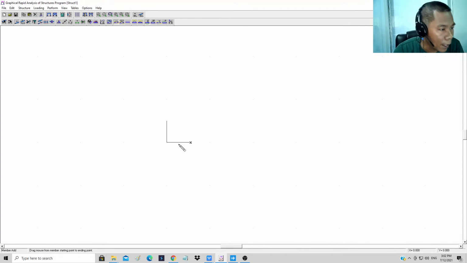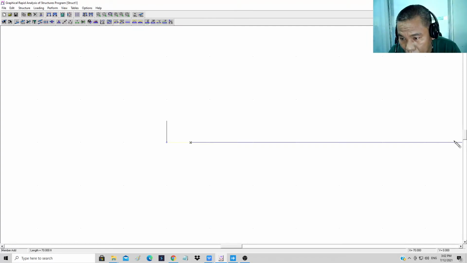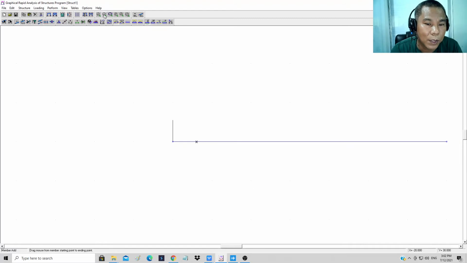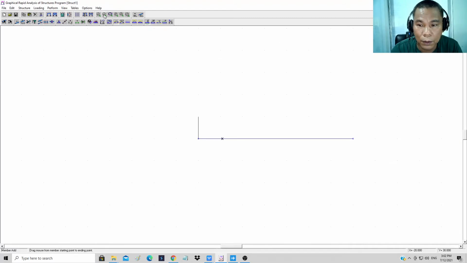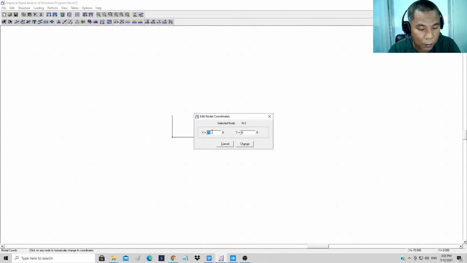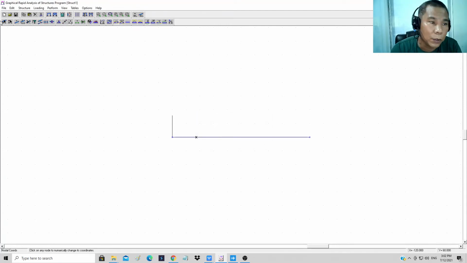So draw the lines from A to B. A to B is 100 feet, so it should be 100. This is quite small. So we can change the nodal coordinates by clicking this icon. That should be 100. Or actually, you can also add numerically here.